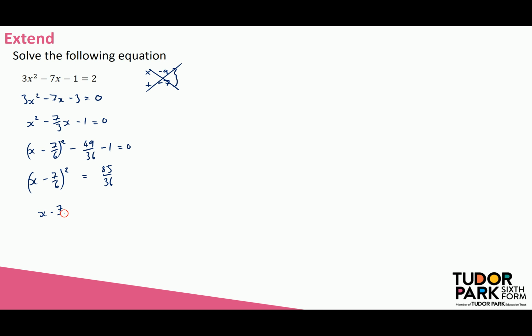At this point we square root, and whenever we square root we're going to get two possible solutions, so plus or minus the square root of 85 over 36, and then finally adding the 7 over 6 onto both sides, I've got 7 over 6 plus or minus the square root of 85 over the square root of 36, which is 6. So perhaps a nicer way to present this solution would be x is 1/6 of 7 plus or minus the square root of 85.